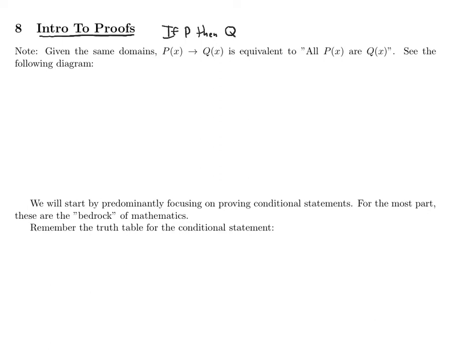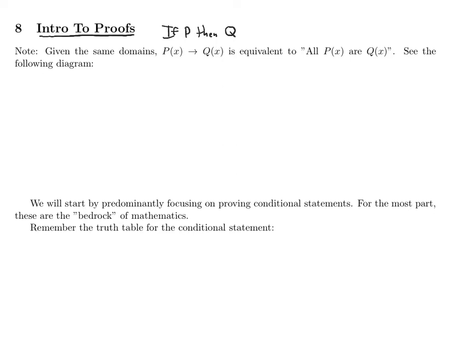Now, before we start, I do want to tell you something about the relationship between conditional statements and universally quantified statements. In mathematics, conditional statements like this usually have a quantifier built in.